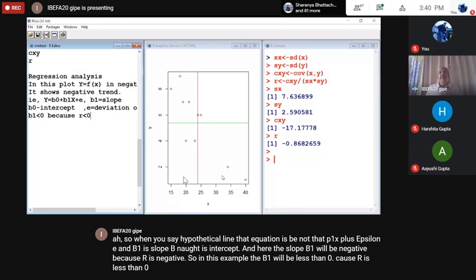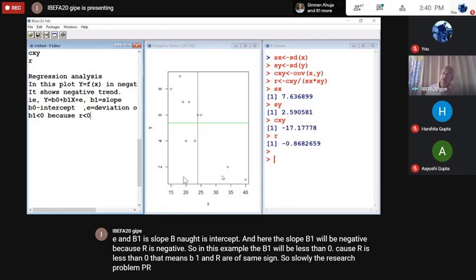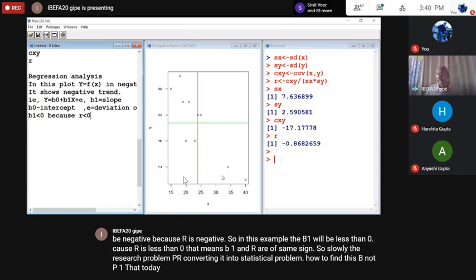That means B1 and R are of the same sign. So slowly, the research problem, we are converting it into a statistical problem. How to find this B0, B1? That today I will not be showing you.